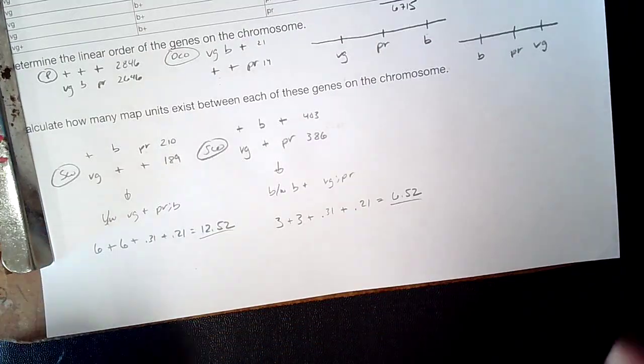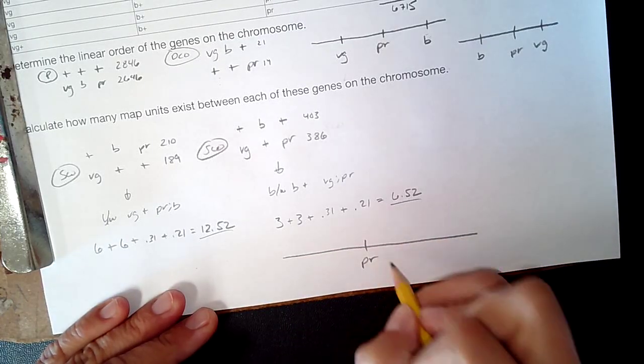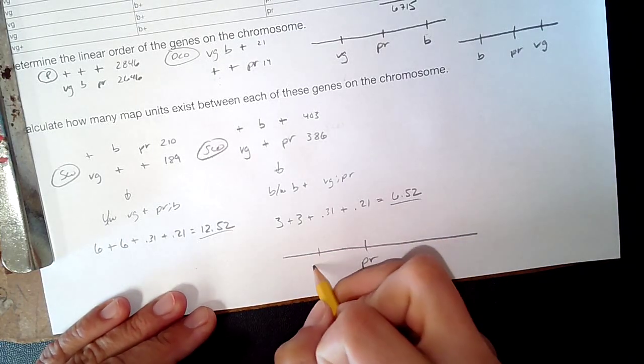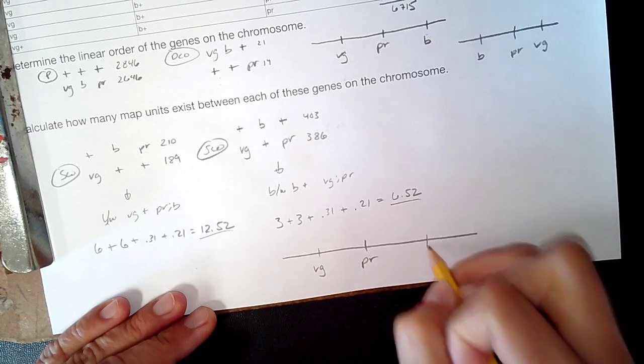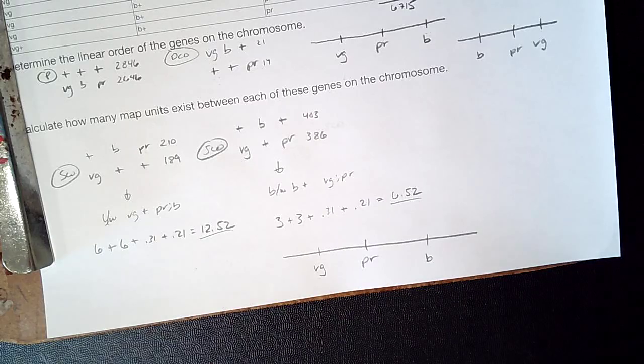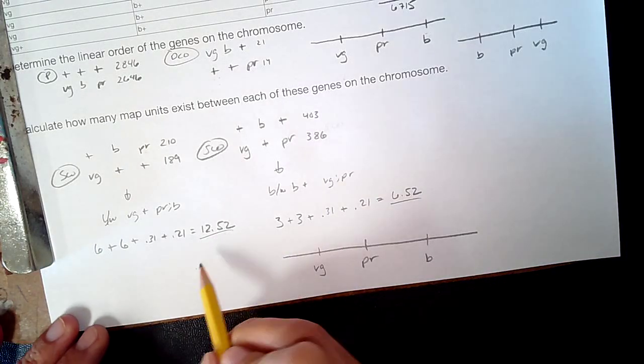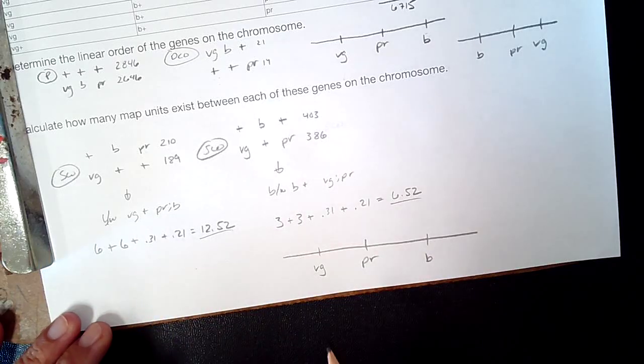So now I'm going to draw my chromosome again. So here's my chromosome. Again, PR is what is in the middle. I'm going to put VG on the left. I'm going to put B on the right. You could have flipped VG and B. It doesn't matter. PR needs to be in the middle. Okay, 12.52 represents when VG is crossing over relative to the other two.